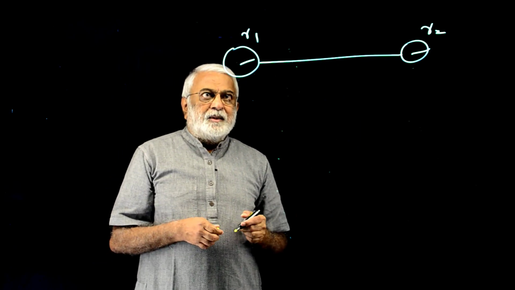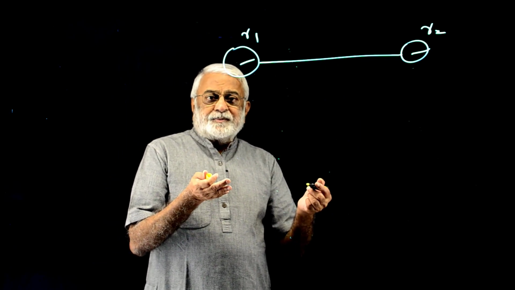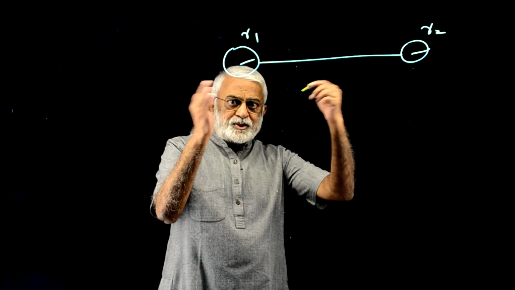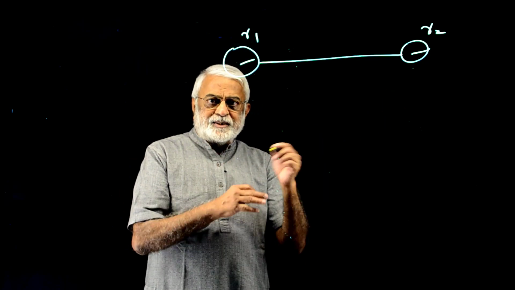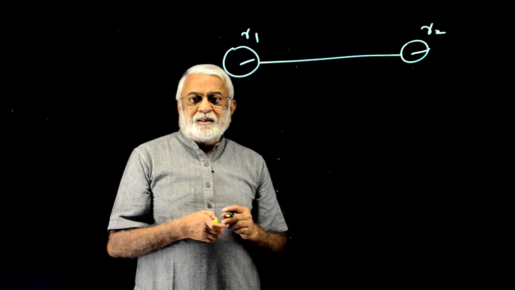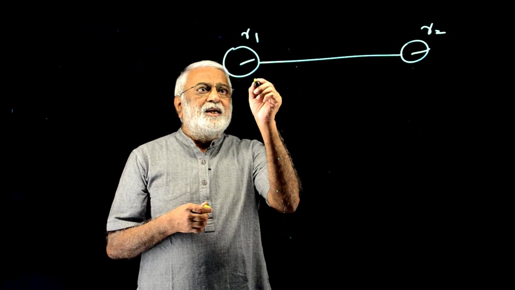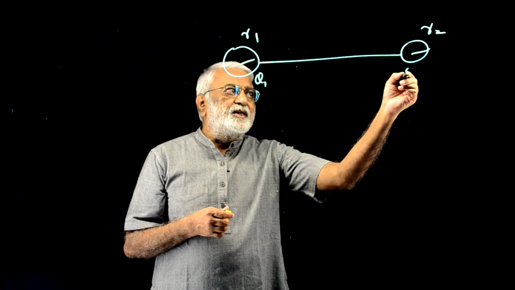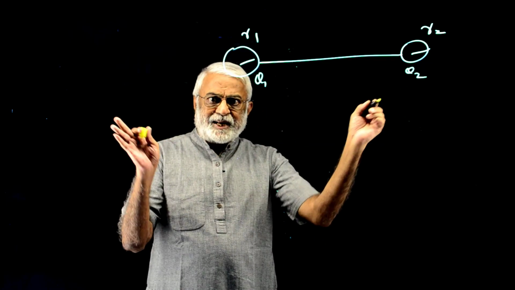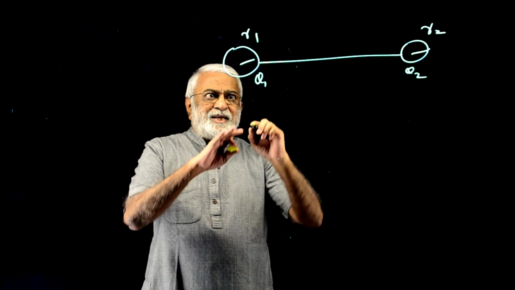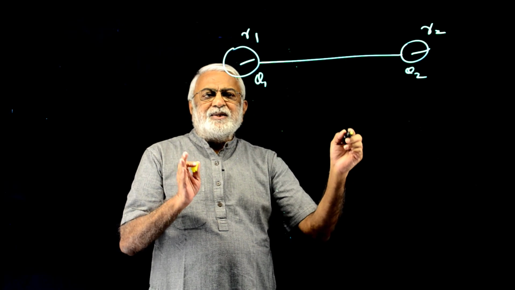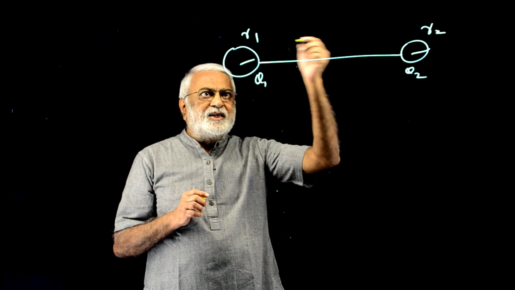So we assume a charge. If we assume a charge Q on these two conductors, it will spread in such a way that the potential is the same for both. So if this has got charge Q1 and this has got charge Q2, since they're connected, the idea for this being treated as isolated is we can ignore the effect of this charge on this object.